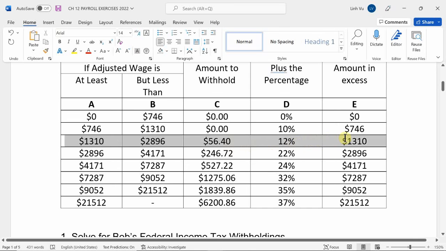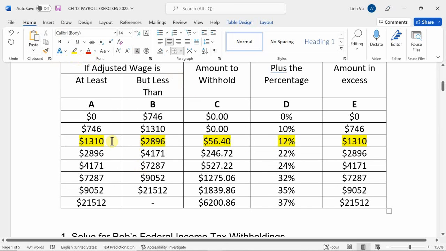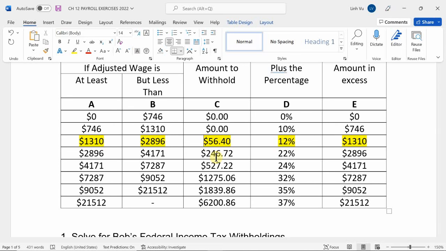So that means he belongs in this row right here. He's going to get taxed $56.40 regardless of what he makes. He's going to be subjected to a 12% tax on any dollar in excess. And in this case, he gets to keep $13.10 without being taxed.